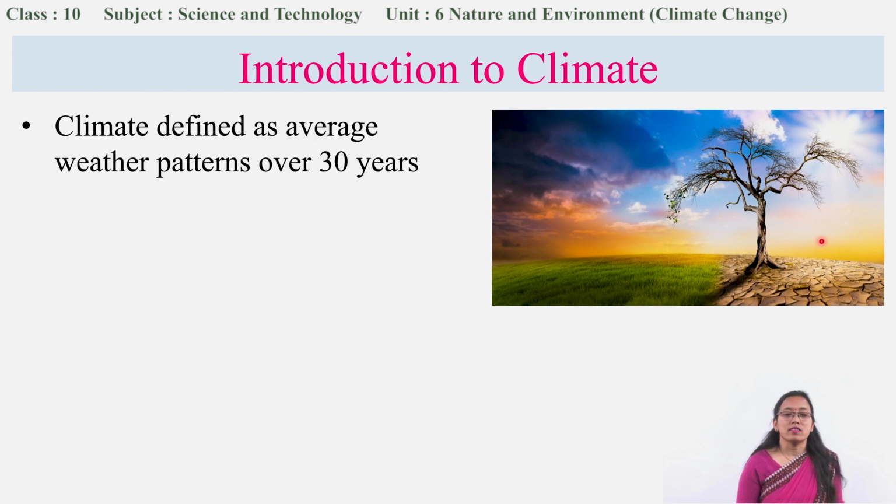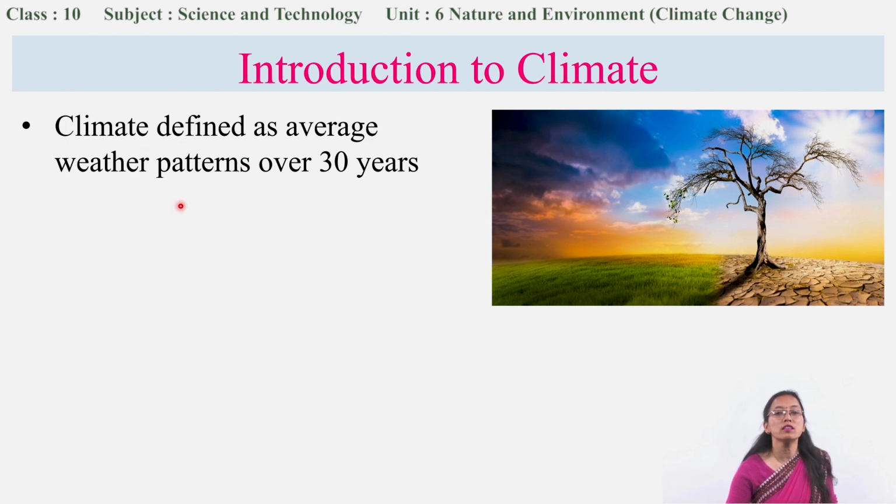Why is this happening? What is climate? What is climate change? Let's discuss. Climate is defined as the average weather pattern over 30 years. Environment is changing, yes, so within those 30 years, whatever pattern of change is seen in our surroundings, that is nothing but climate.